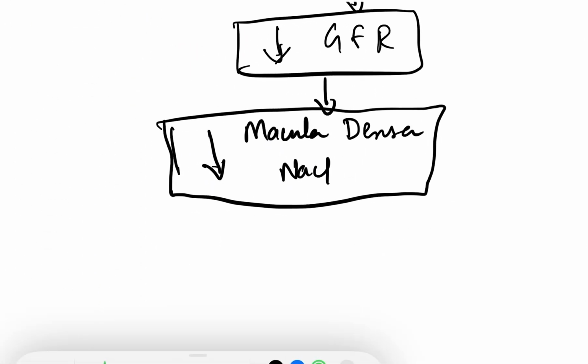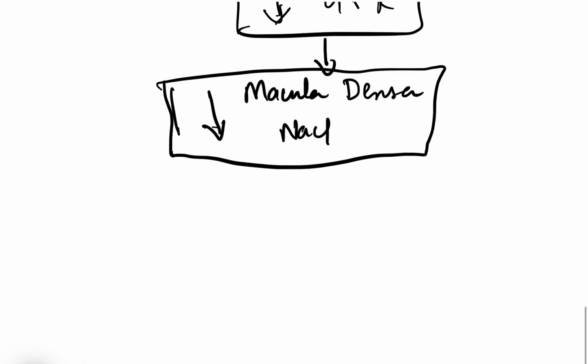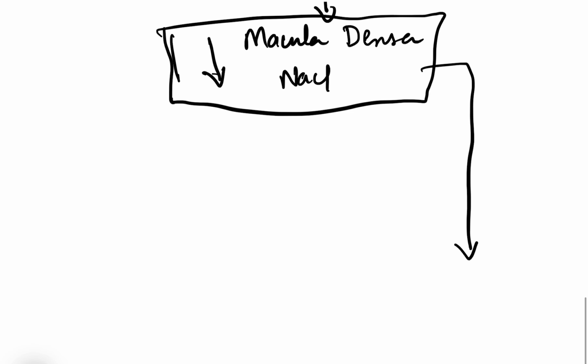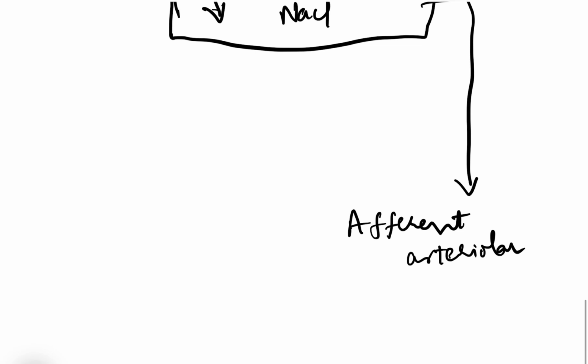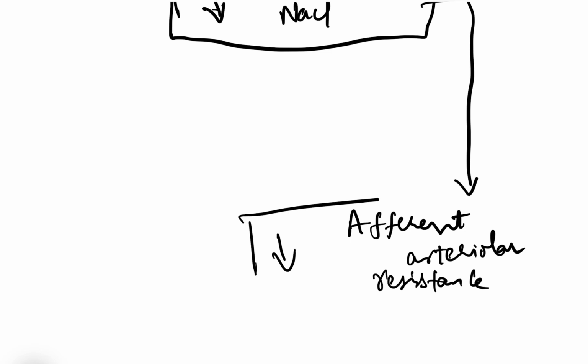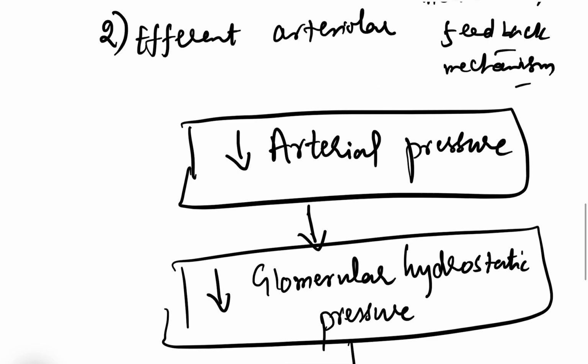How it will send the signal to the afferent arteriole, and what it will cause, is that ultimately there will be dilatation, or increase in the diameter, of the afferent arteriole. So afferent arteriolar dilatation is seen. Dilatation means, here I will write, resistance is decreased. So when the afferent arteriolar resistance is decreased, the diameter will increase.